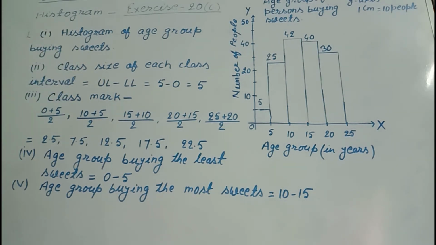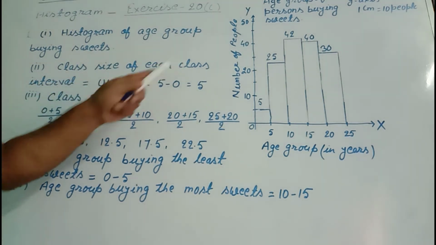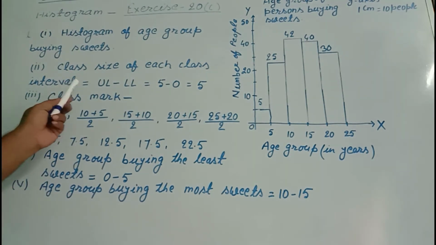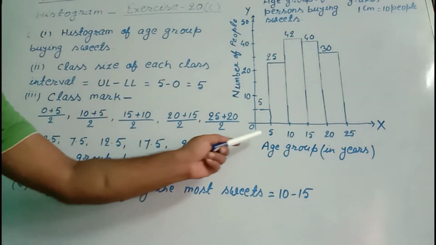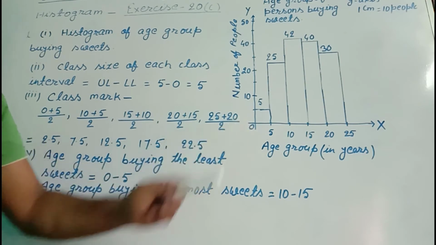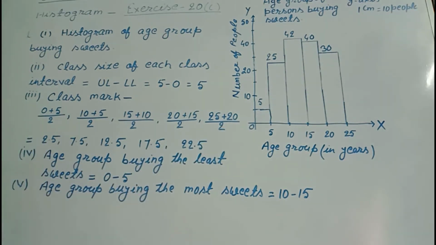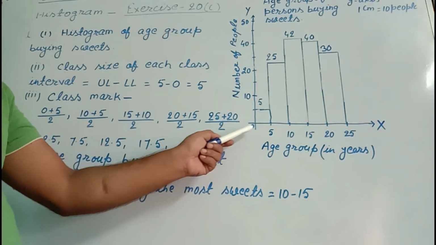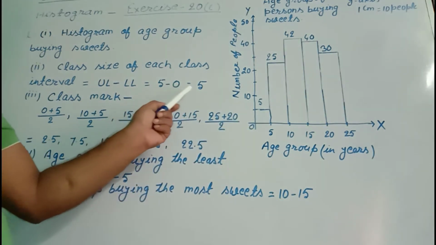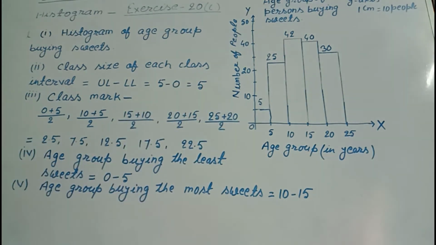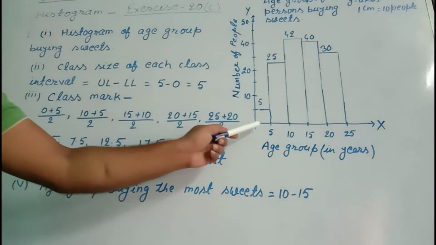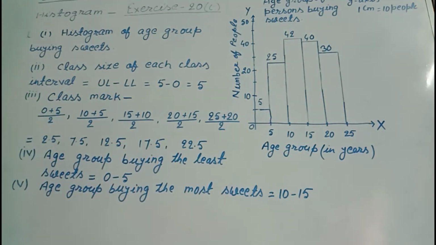Roman number 2, what is the class size of each class interval? Class size equals upper limit minus lower limit of the first class interval. As the upper limit is 5 and the lower limit is 0, I subtracted and got 5. The class size of each class interval will remain fixed.